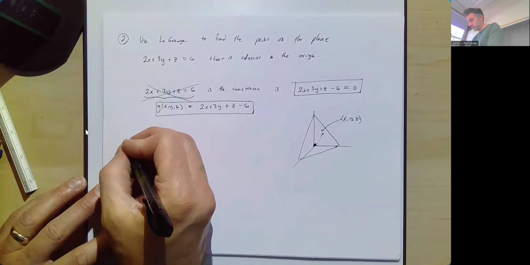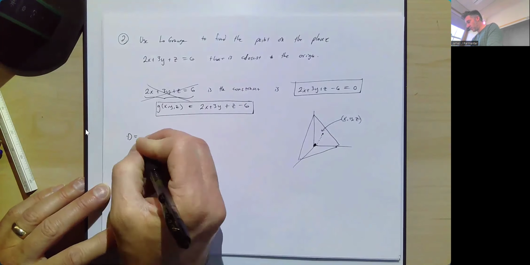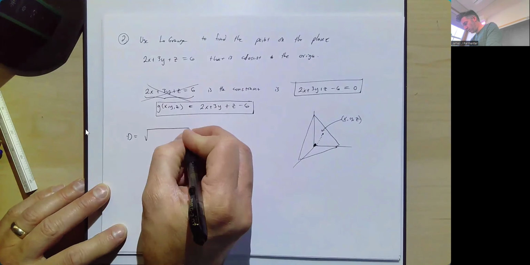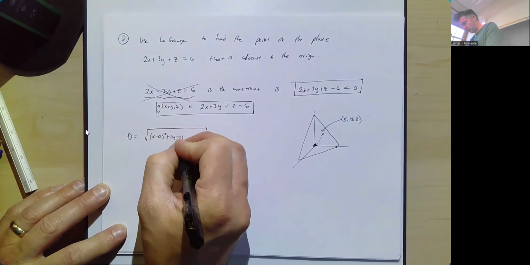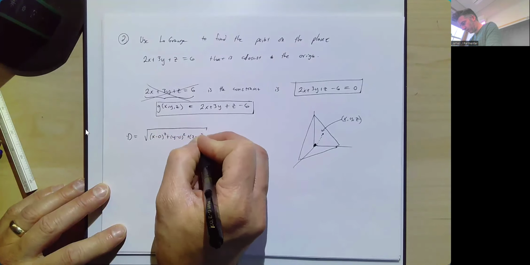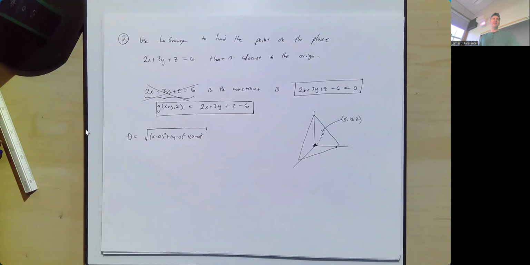So the distance is equal to the square root of x minus 0 squared plus y minus 0 squared plus z minus 0 squared. Has he done any examples with distance? No. Okay. So the fun thing about distance here is that instead of minimizing or maximizing the distance, you will get the same point if you minimize the distance squared.